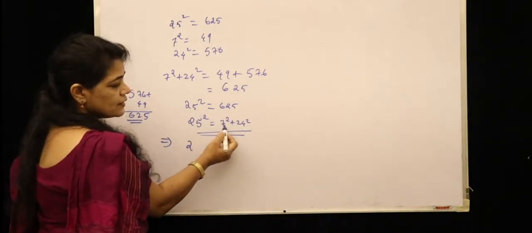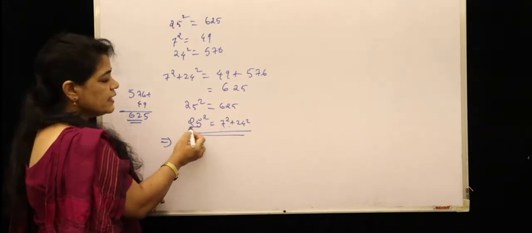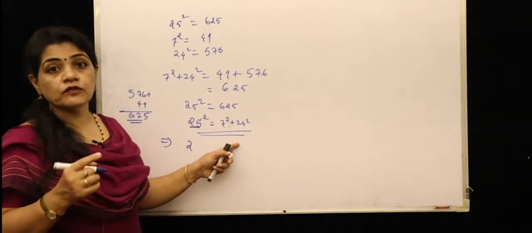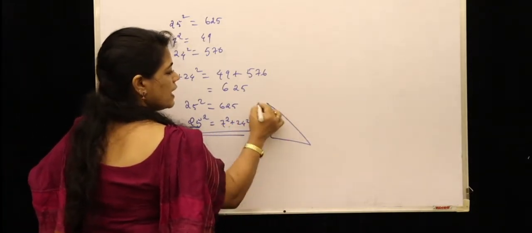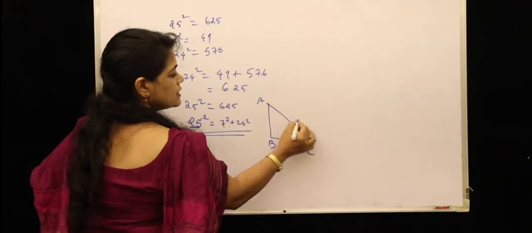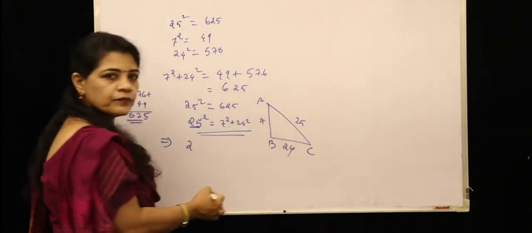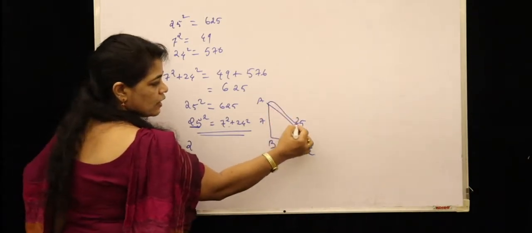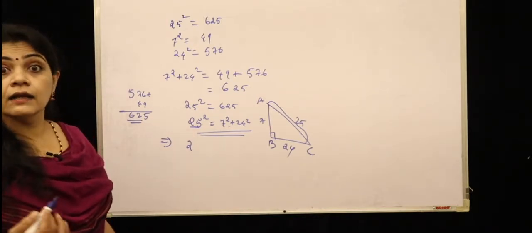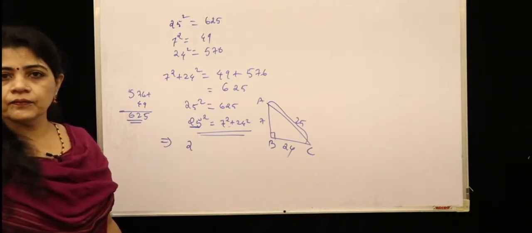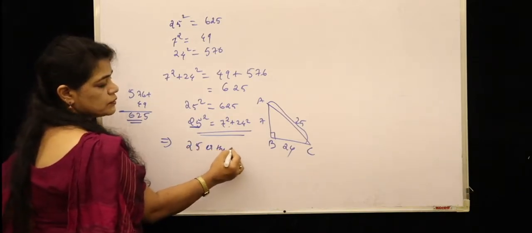See children, the square of this third side is the sum of the squares of the other two sides. If you mark like this, see children, A, B, C, this will be 25 and this is 7 and this will be 24. So the angle opposite to this longest side, that means angle B, will be 90 degrees. So 25 is the hypotenuse.